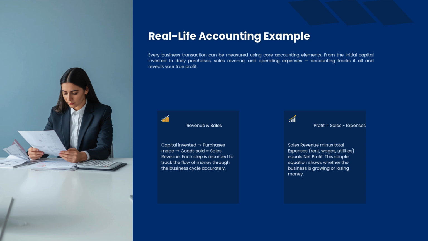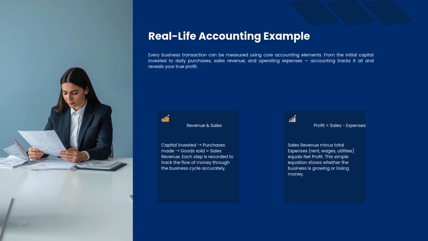I've got some real life examples. Every business transaction can be measured using core accounting elements, from the initial capital invested to daily purchases, sales revenue, and operating expenses. Accounting tracks it all and reveals your true profit. So accounting records all transactions of the business, from the capital you invested, to the assets you bought, the expenses you made, and the income you generated.